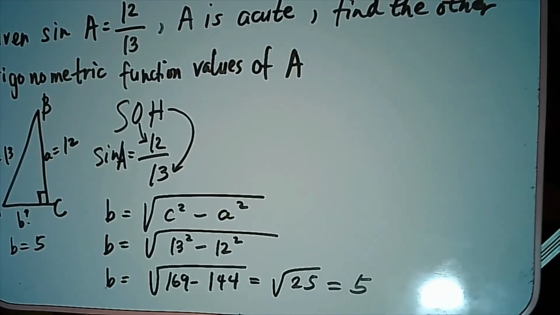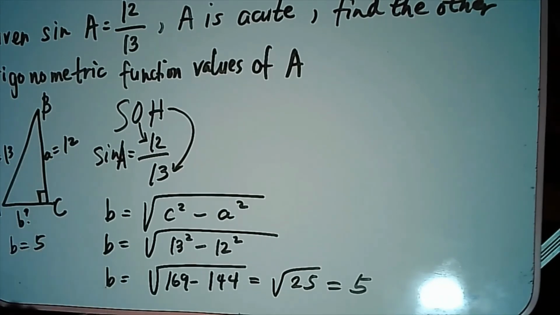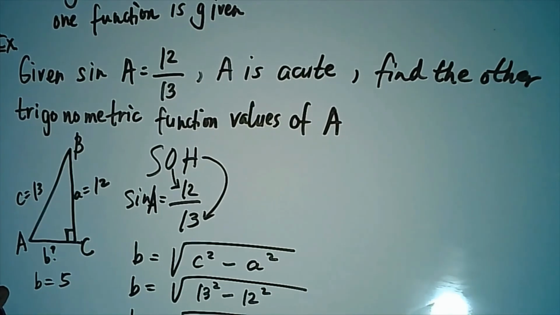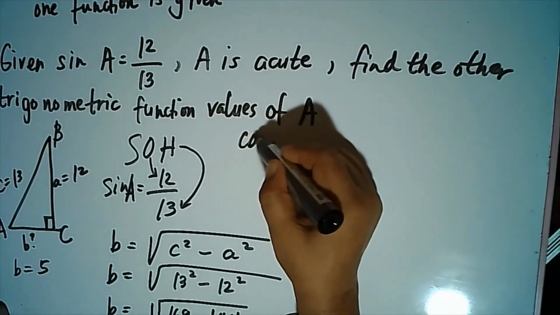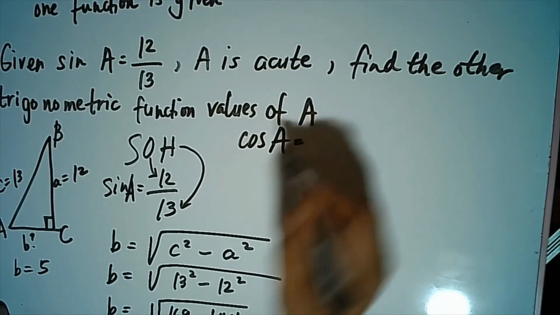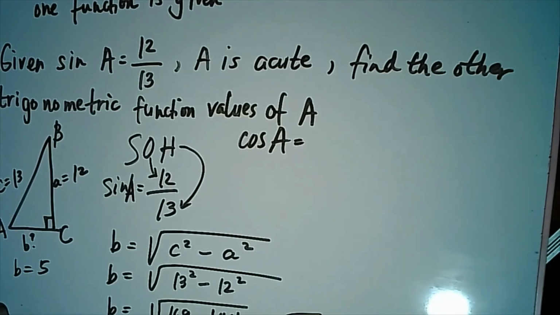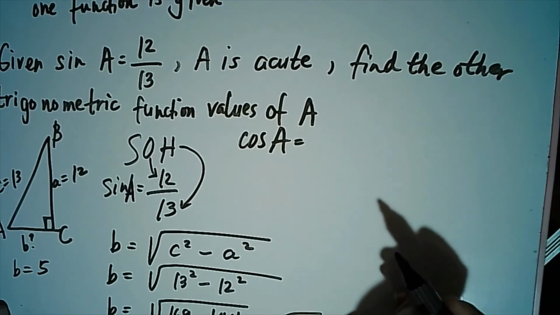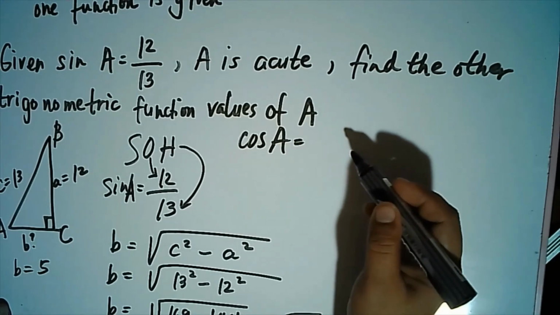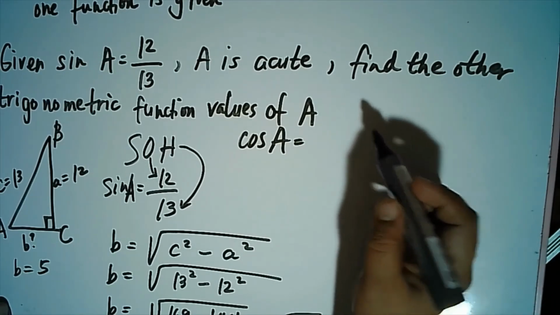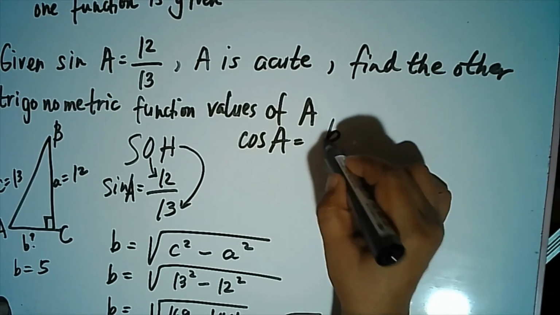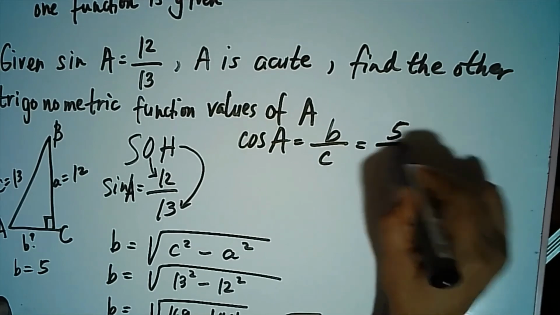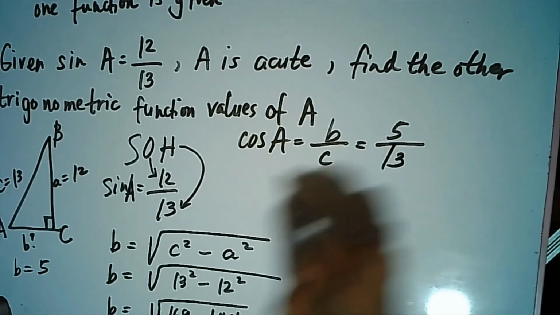Now we can find the other 5 trigonometric functions. So we already have the sine. So let's start with cosine. Cosine A is equal to the side adjacent to A over the hypotenuse, or b over c, which is equal to 5 over 13.